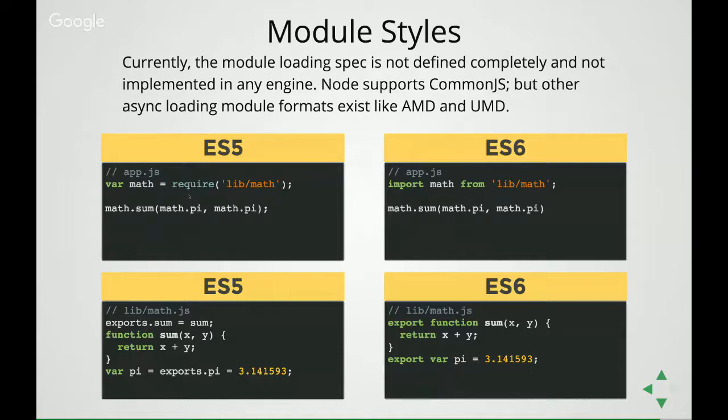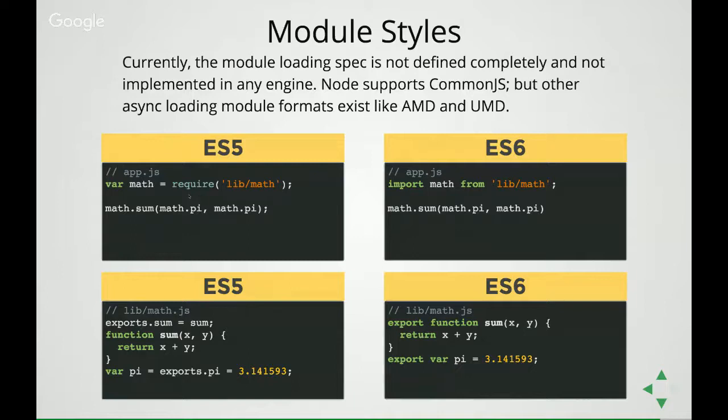So in CommonJS land, the keyword that they have is exports. When CommonJS sees an exports, that's the object that you're assigning to for that module. Anything assigned to exports ends up getting exported when that module is required. So in this case, just two items. In the top one, we could access math.sum and math.pi, right?